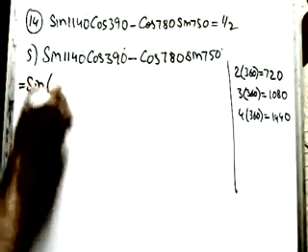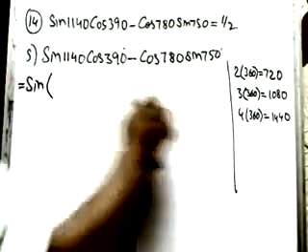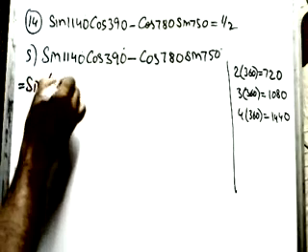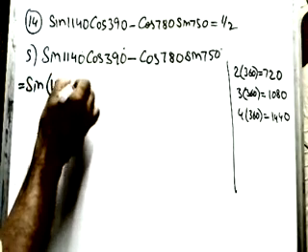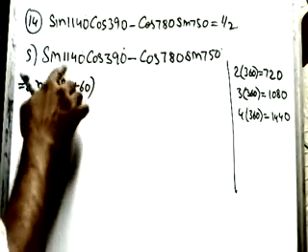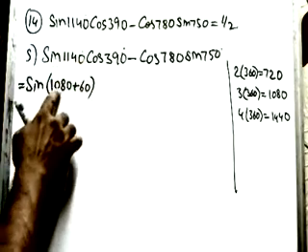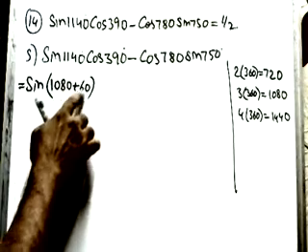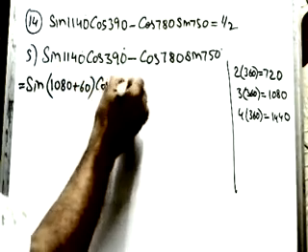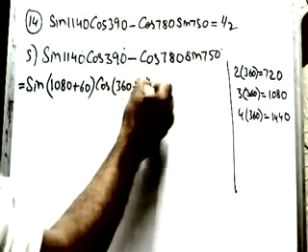So watch here, I'm writing like this: sine of 1140. Near this is 1080, plus 60. 1080 plus 60 will be 1140. Now this is 360 plus 30.